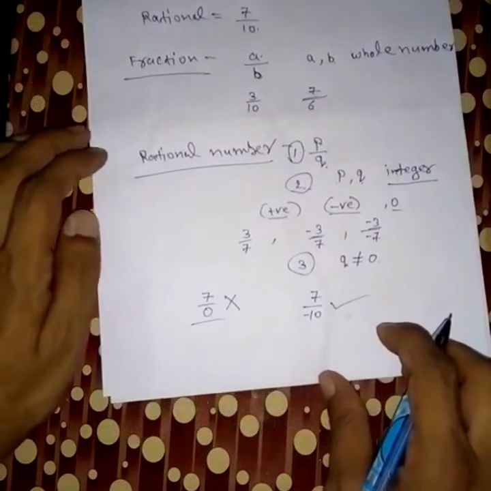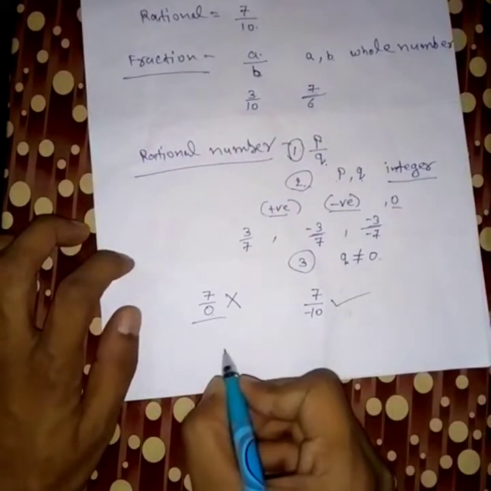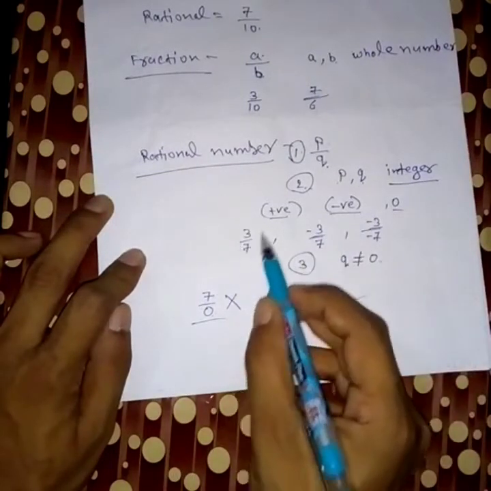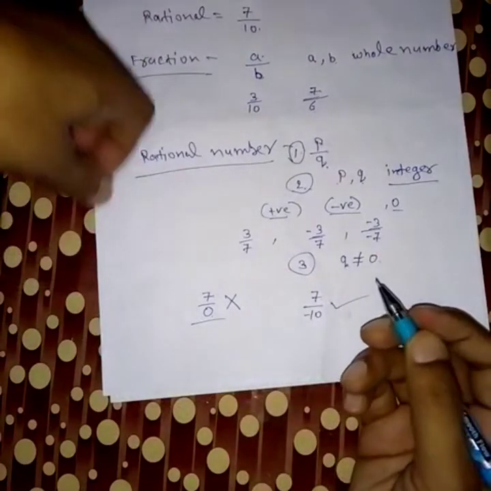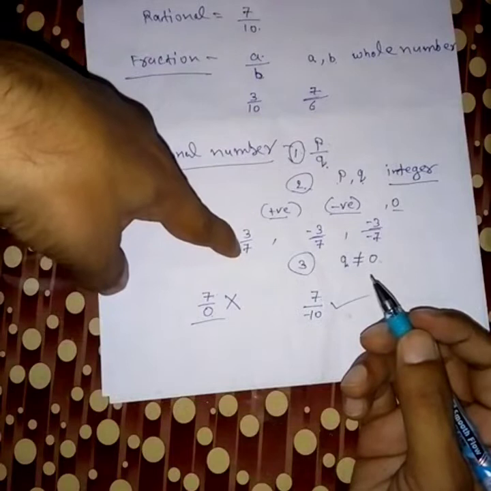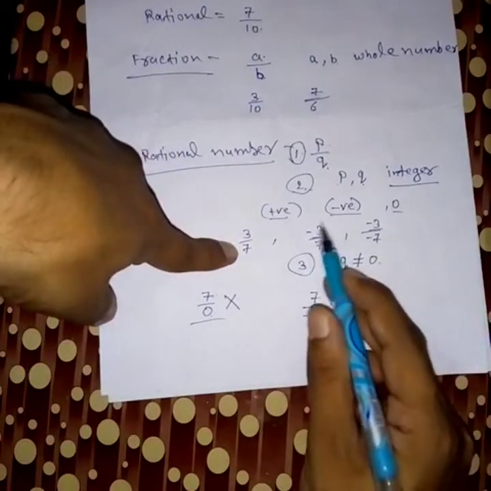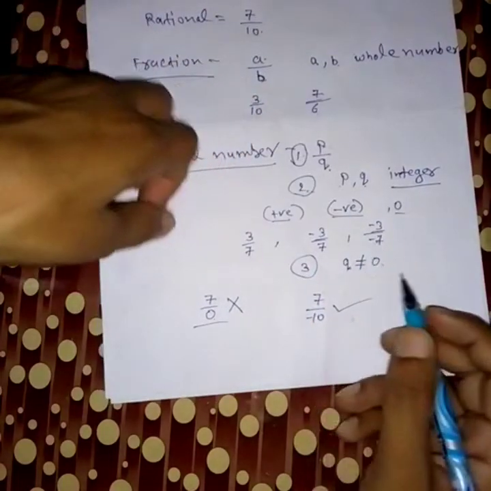So there are some similarities between fractions and rational numbers. We have to notice this also. If we take any example here, 3 by 7 is a fraction, and 3 by 7 is a rational number also. Clear? But minus 3 by 7 is a rational number, but it is not a fraction. Clear?